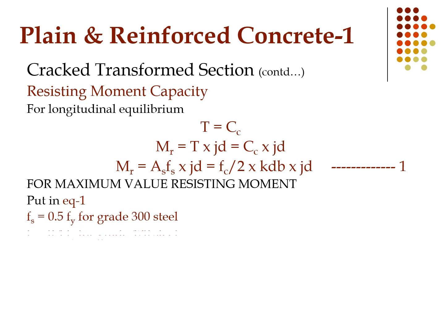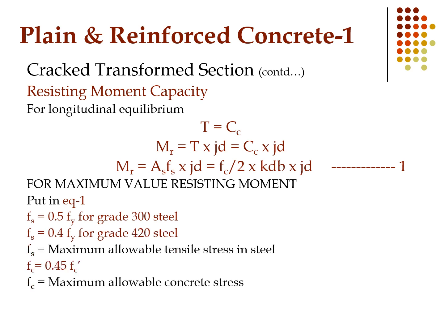So now the resisting moment or flexural capacity is Mr, which is equal to T times jd or C times jd. If we plug in the value of T, that is As into fs times jd, or if we want to put the value of C, then it is fc by 2 into k times d into b into jd.